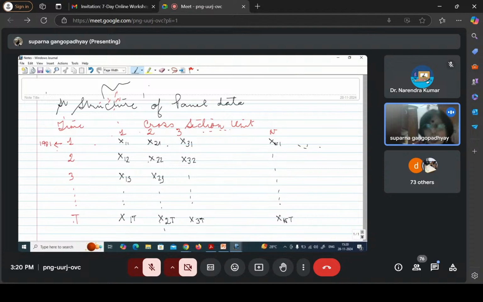Now, we will calculate the mean. For state 1, what will be the mean? For state 1, the mean is written as x bar, which is not changing, it. The basic variable is it.